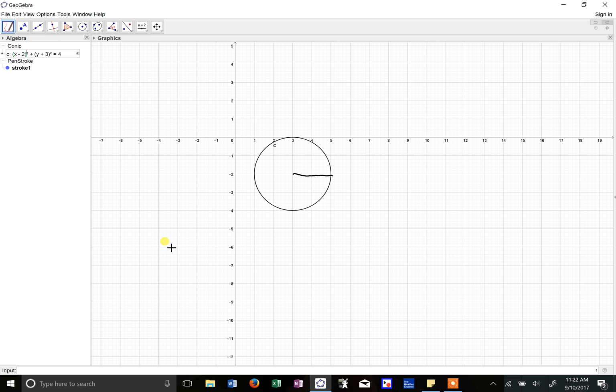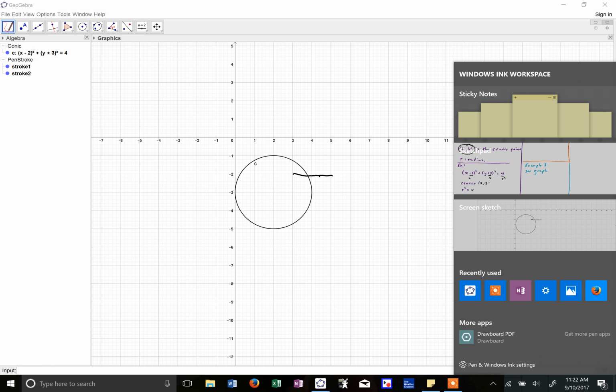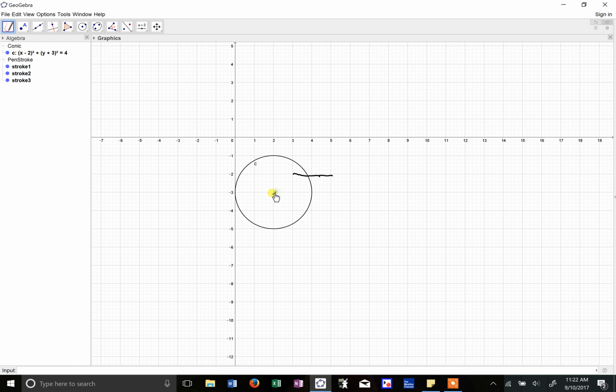My apologies. Alright, so I have a center point of (2, negative 3), which is right here, which is what I wanted. And then the radius of 2. There was some unfortunate trouble with that.